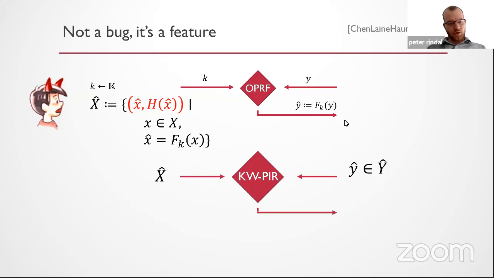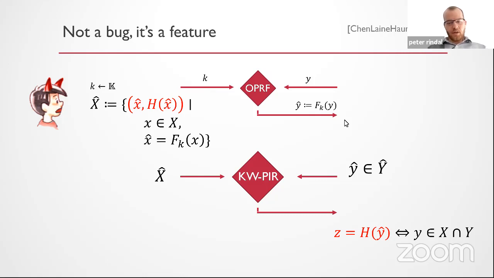Instead of just having the encoded X hats, we encode them as key-value pairs, where the key is X hat, and the value is a random oracle hash of X hat, some complicated function H. And so now we perform PIR on these keyword pairs. If the Y is in the set X, then what we'll get out of the keyword PIR is the hash of Y hat. Otherwise, we get a didn't-retrieve value.